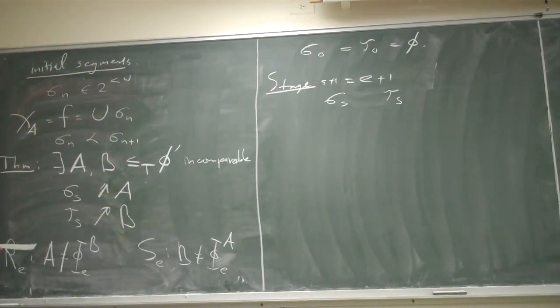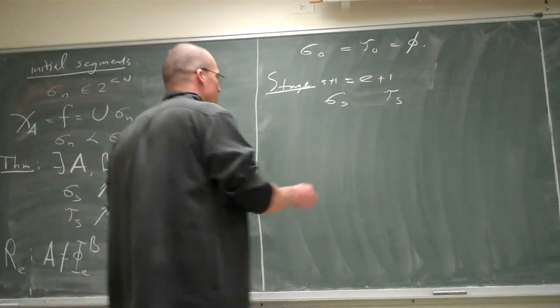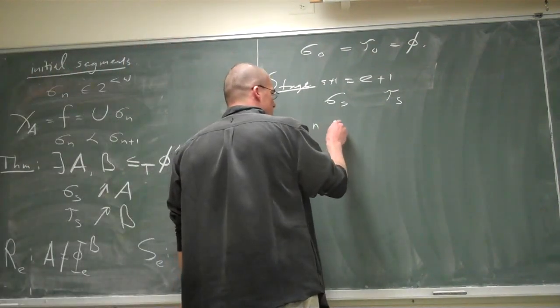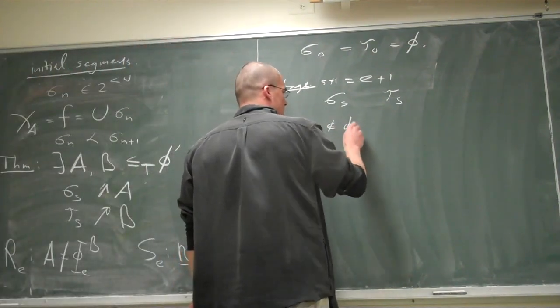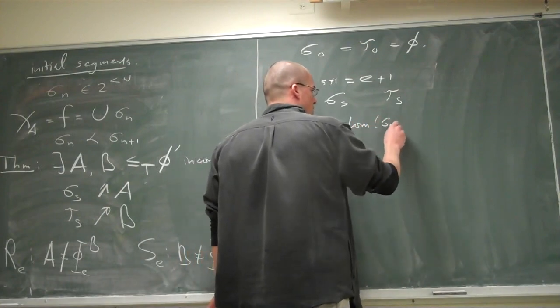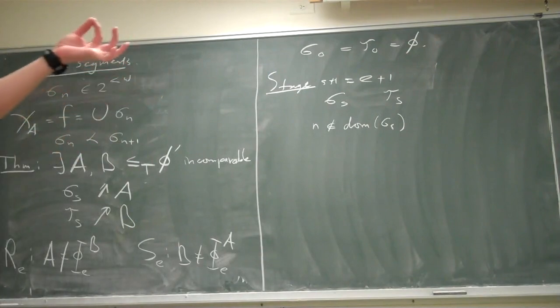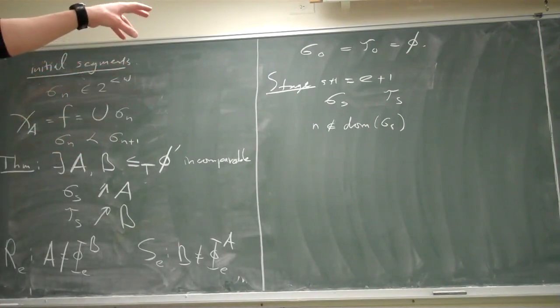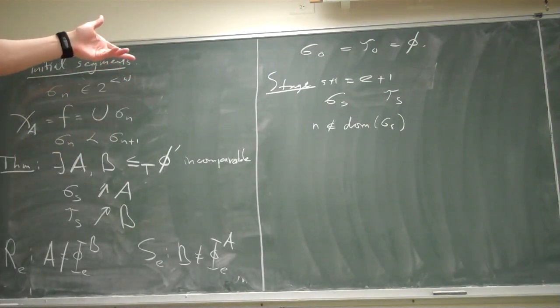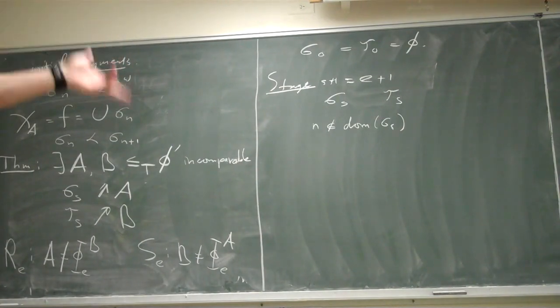And now I want to make sure that if I'm computing from B, I will not compute A. Well, how do you do this? First of all, you can choose any n which is not in the domain of sigma_s. So this is an n, a natural number, for which the initial segment, which is approximating A, doesn't tell you whether it's in or out.